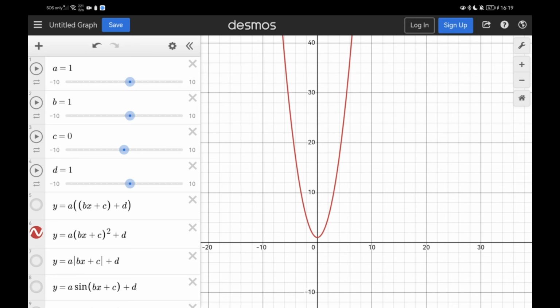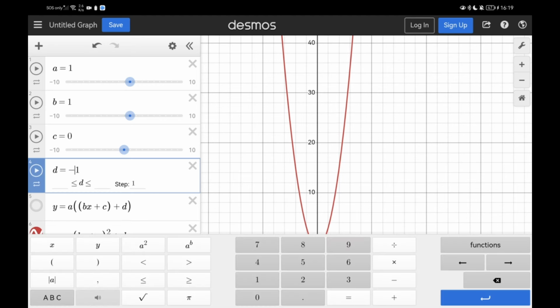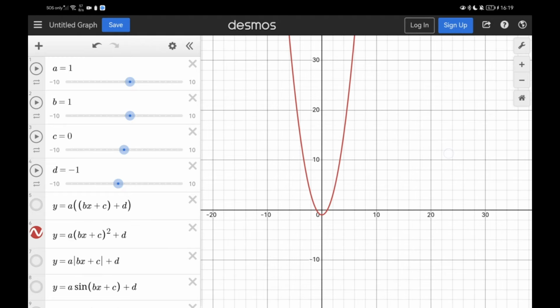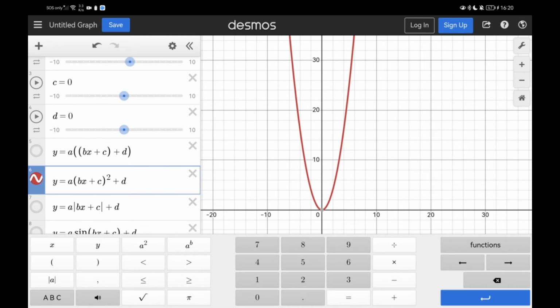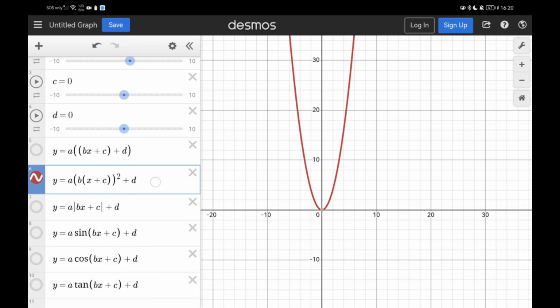Okay, let's set the d as negative. That means for the translation 0, -1, the quadratic moves down by 1 unit as well. Okay, let's see for the x. If I use the bracket, I only change my x.